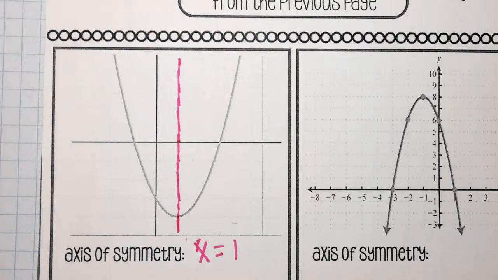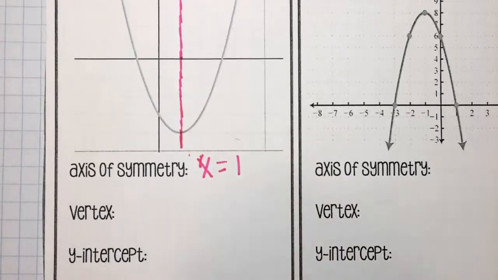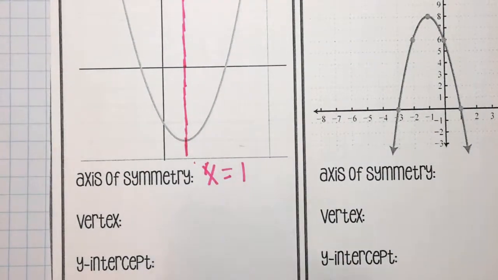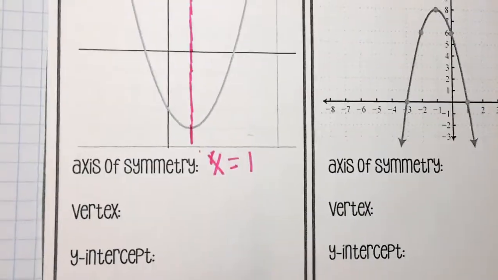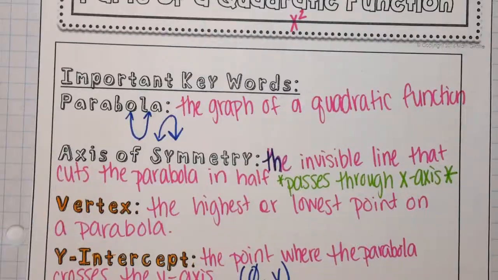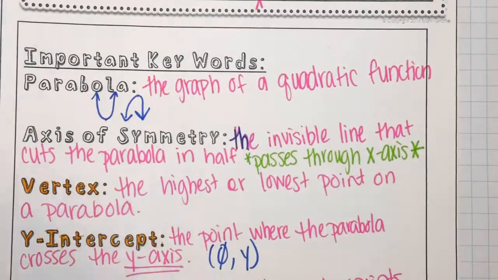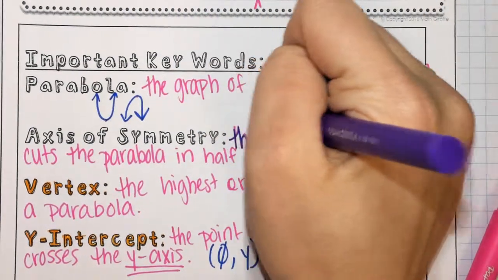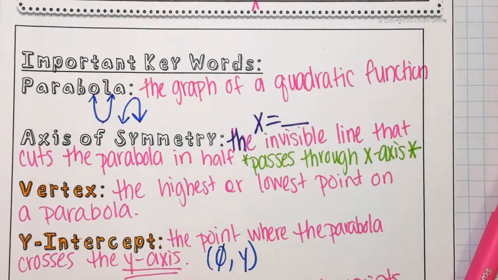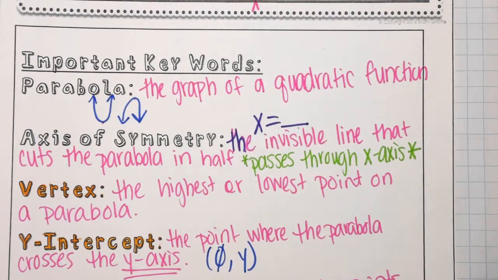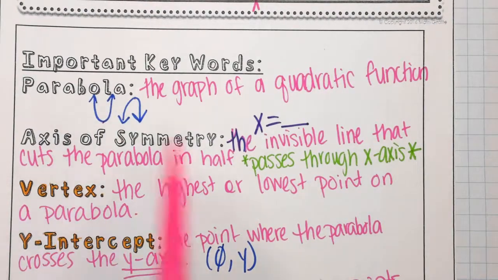We're going to go with 1. Is everybody with me? So axis of symmetry, it passes through the x-axis and it's just x equals. And let's write that on the front so that we know when we're using our axis of symmetry, we just write x equals a number. Every single time, x equals a number for axis of symmetry.